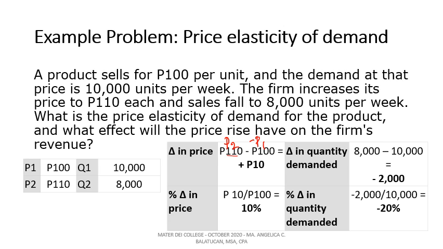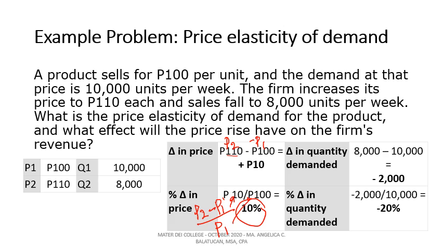So our percentage change in price, that's equal to the price 2 minus price 1 over price 1. So as we have computed earlier, this is 10 and this is 100. So our change in price is 10%. Then for our quantity, so we have the change in quantity demanded is 2,000.